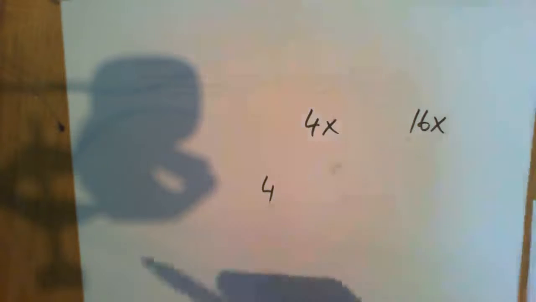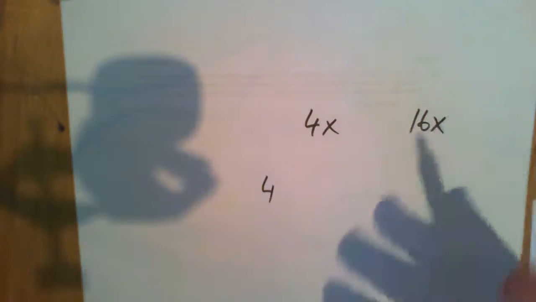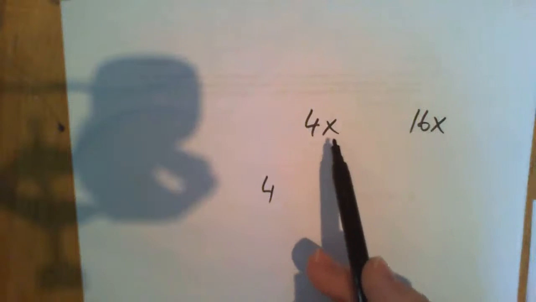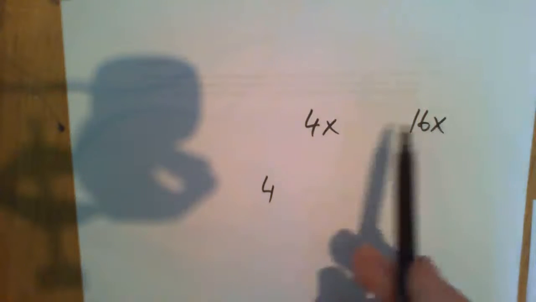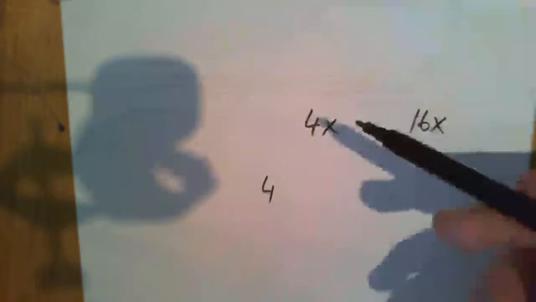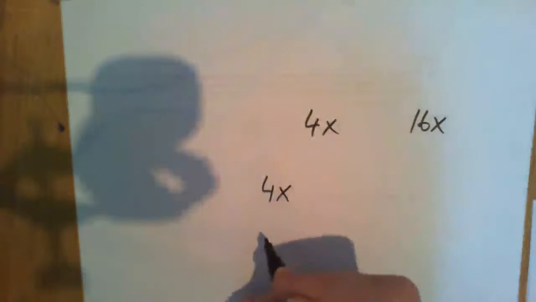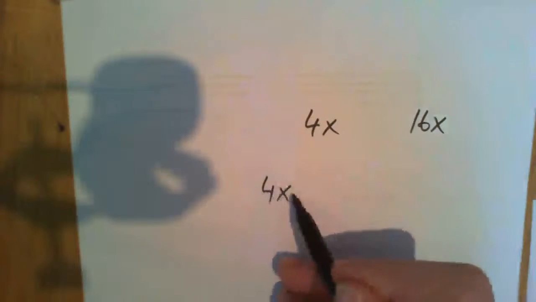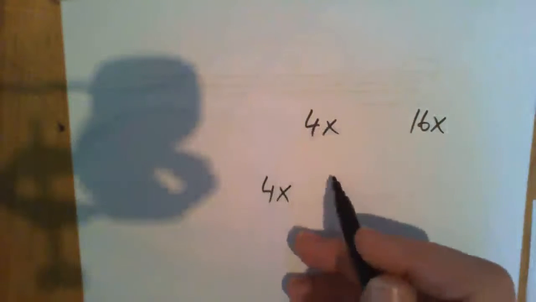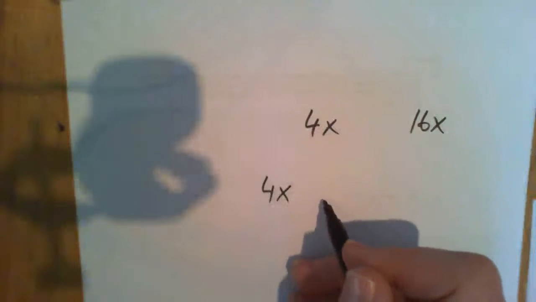So 4 would definitely be a common factor and also the highest factor of both those numbers. Then I look at the letters and ask, is there a letter that's common? I see both of them have an x. That means if you divide both of them by x, you would find an x in there to divide into. So when I divide 4x into 4x, it would go 1 time.